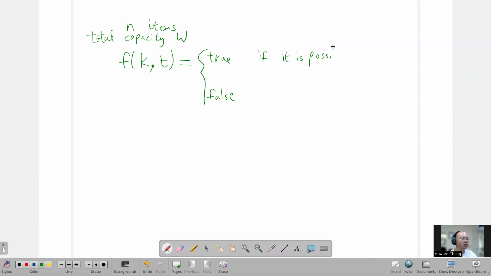So we're doing the 0-1 knapsack. If you have multiple copies, then we have to adjust this, but we'll just do the 0-1 knapsack.